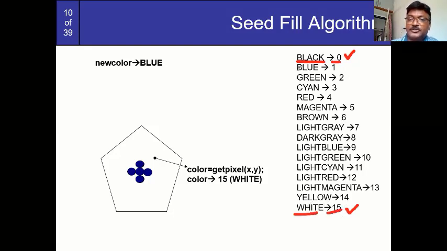In between are the RGB colors and other different colors. This 0 to 15 means a total of 16 colors, the 16 basic colors.